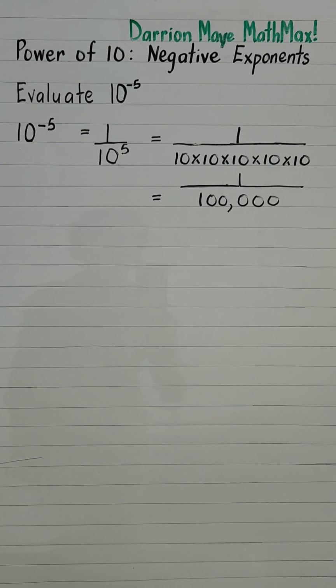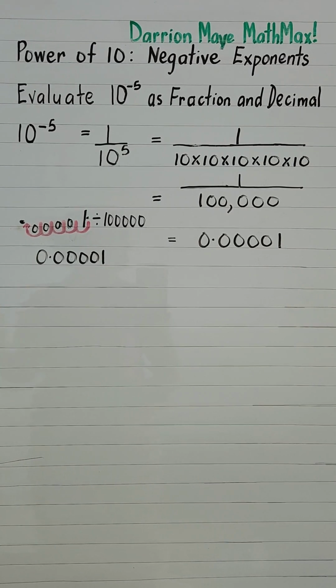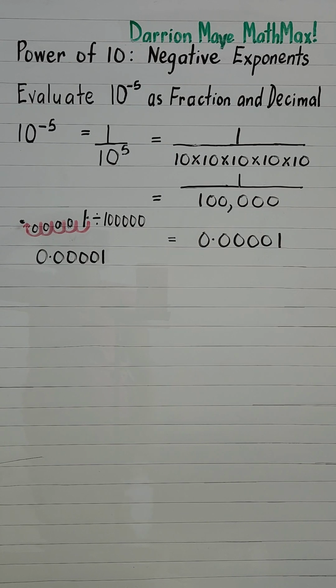Now as a decimal. To get the fraction 1 over 100,000 to a decimal, we're going to divide the numerator by the denominator. So that is 1 divided by 100,000. So we know the 1 is a whole number, so the decimal point is on the right.